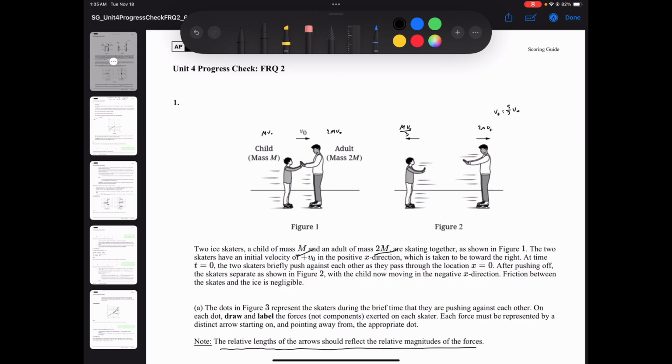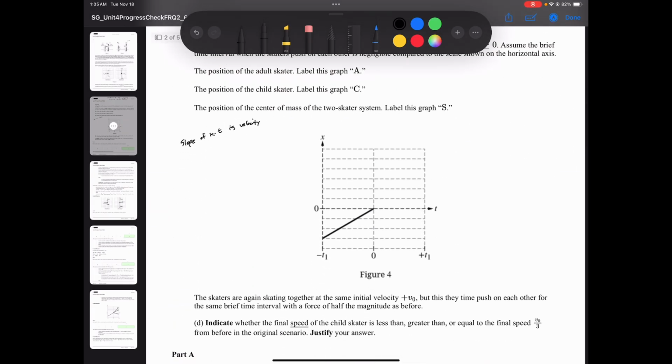Now we're looking at the velocities of each of the skaters, and then for the center of mass. So the velocity of the adult after the collision, we just figured out to be 5 over 3 v naught. We know the initial velocity was v naught. The velocity of the child was negative v naught over 3, so negative a third v naught. And then the velocity of the system is going to be v naught.